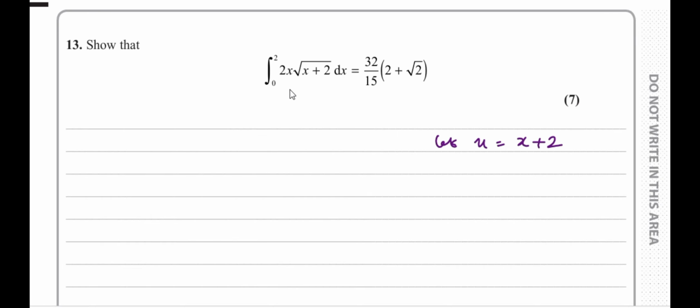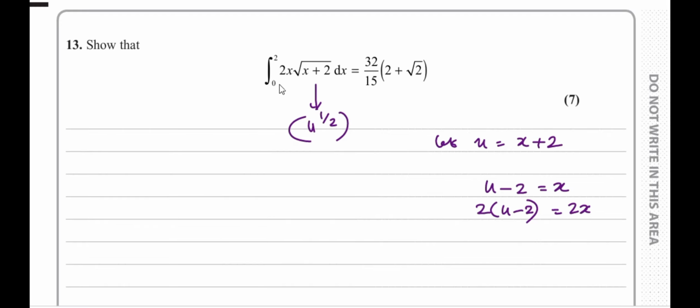So first let's rewrite the entire expression in u. So x plus 2 is equal to u. Therefore, this part is u to the power of half. Okay, and then we need to rewrite 2x. Therefore, u minus 2 is equal to x, and therefore 2 bracket u minus 2 is equal to 2x. So this is 2 bracket u minus 2.